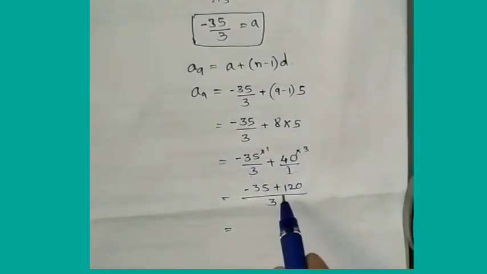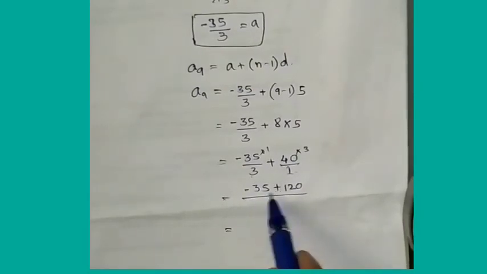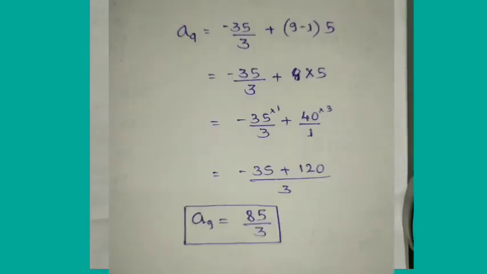Opposite signs are there, so go with subtraction again: 120 minus 35, here we will get 85. 85 by 3, this is our a9. a9 equal to 85 by 3.